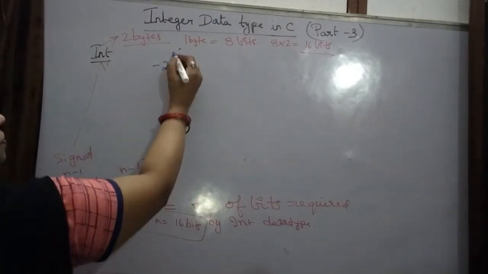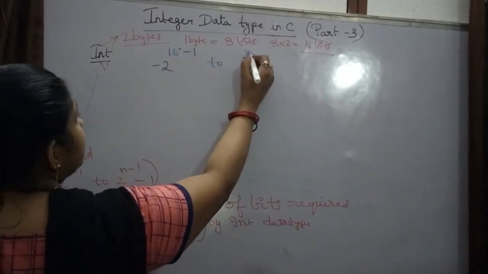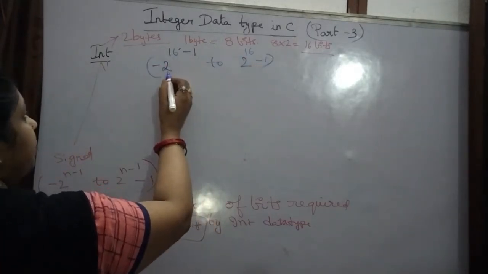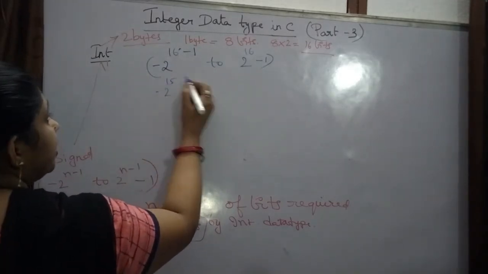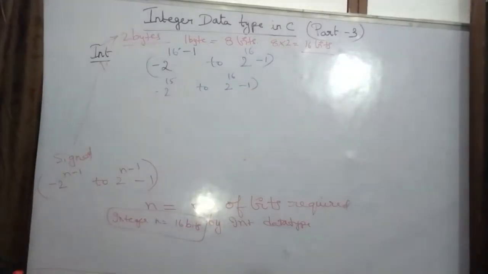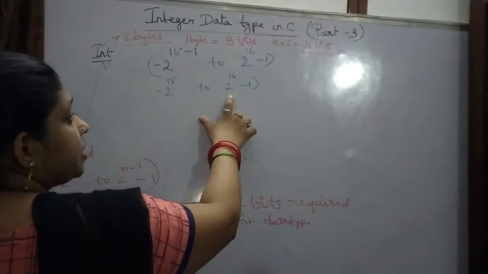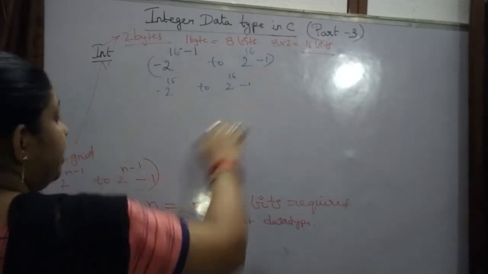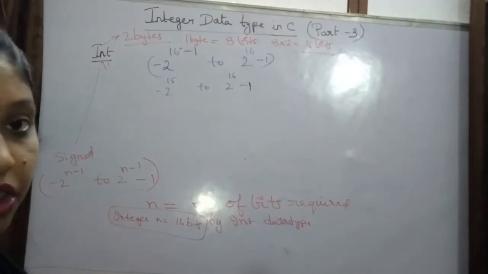Minus 2 to the power of 16 minus 1, to 2 to the power of 16 minus 1, minus 1. It comes to minus 2 to the power of 15 to 2 to the power of 15 minus 1. You can calculate and check it out.